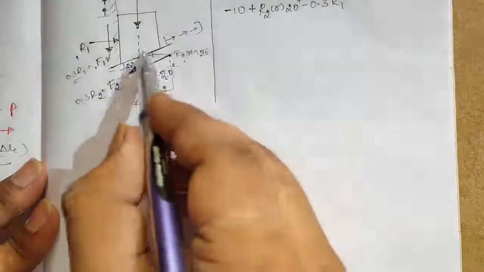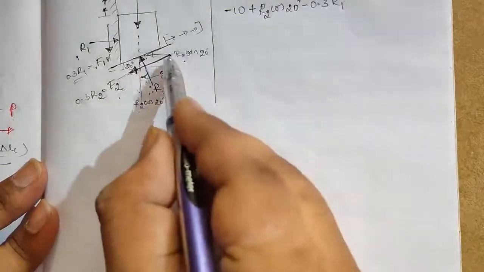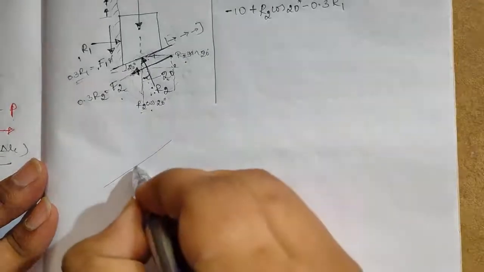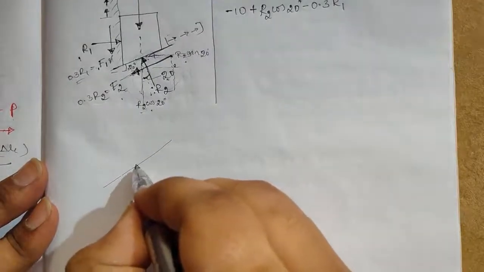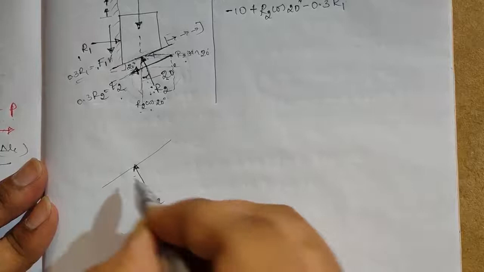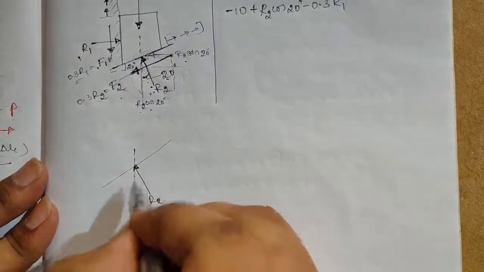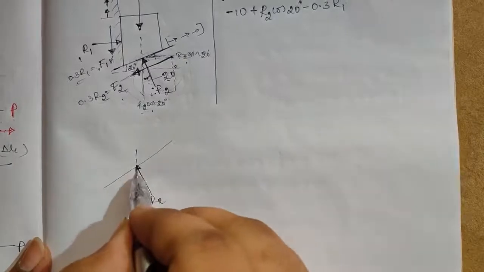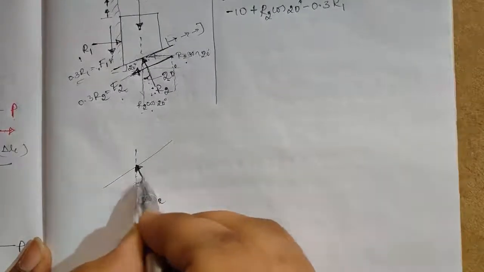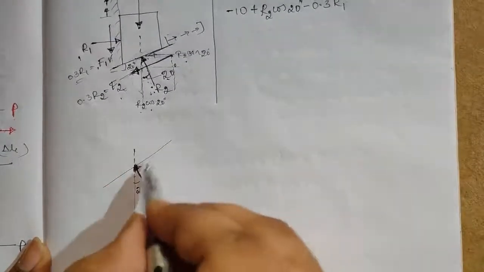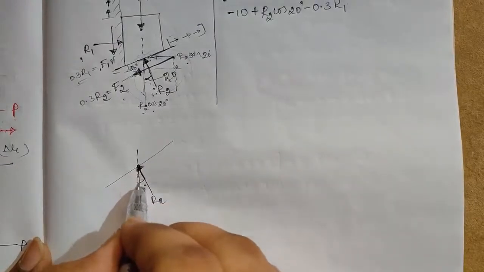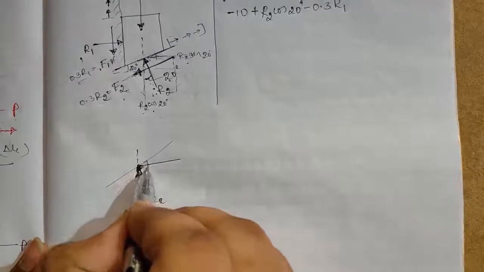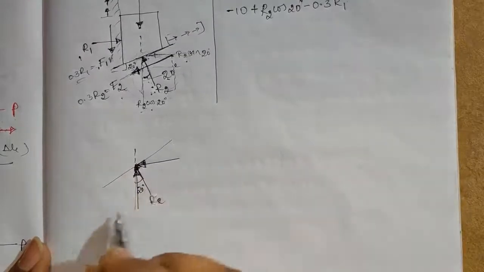So I'll clear it, I'll write this down here once more. So this is R2. So we draw a vertical, that is this is 20 degree. So the direction is towards the surface, right? So when I resolve it, the resolution will be towards the point only.